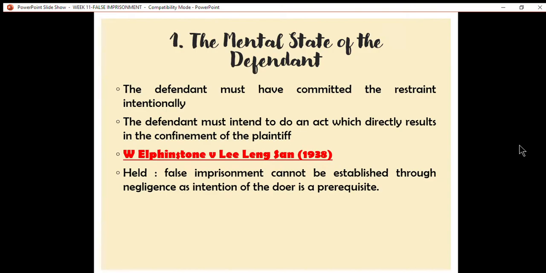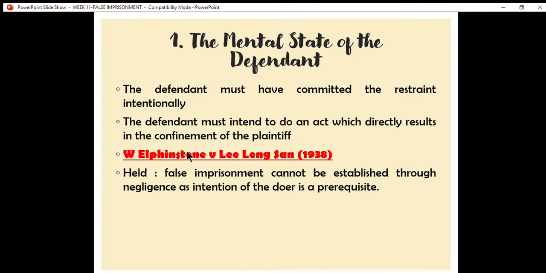Now let's discuss the first element of forced imprisonment. The defendant must have committed the restraint intentionally. The defendant must have the intention to restrain the plaintiff, so he must intend to do an act which directly results in the confinement of the plaintiff.